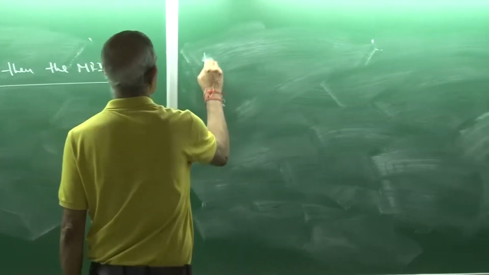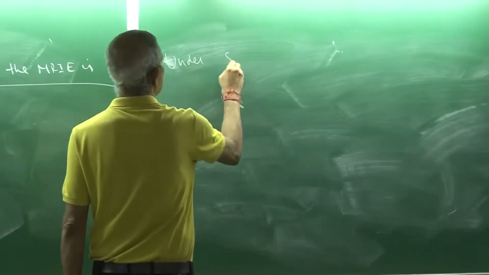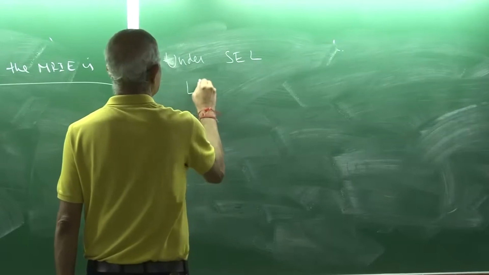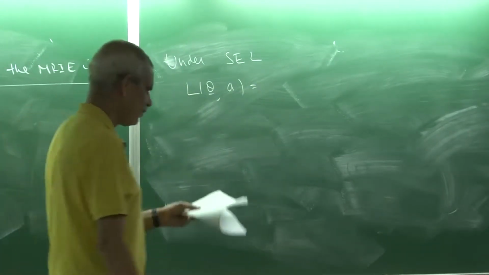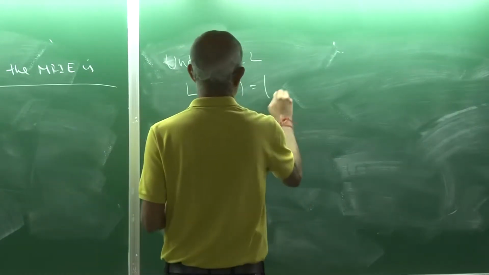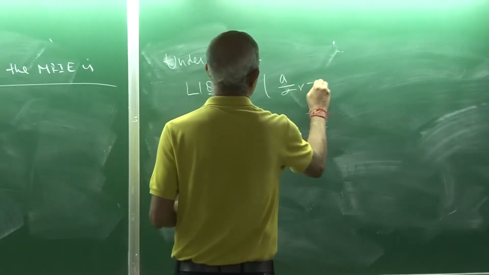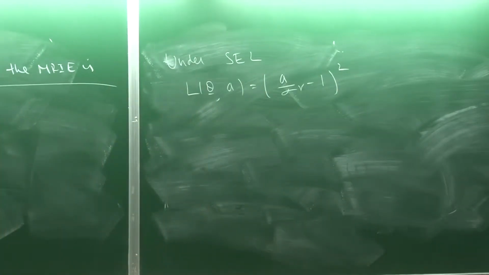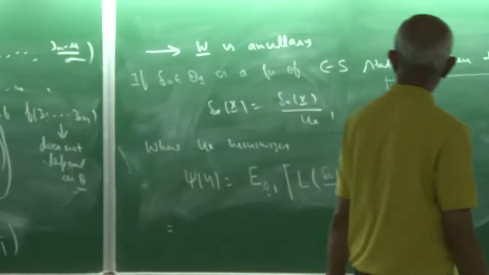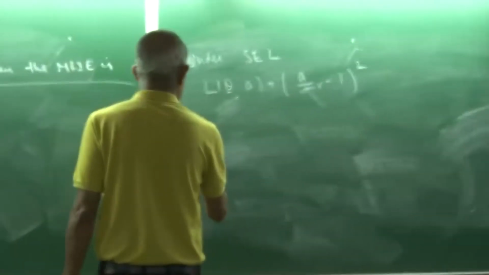Under squared error loss, L(theta, a) is (a by sigma to the power r minus 1) whole square. What is the minimizing delta star x?